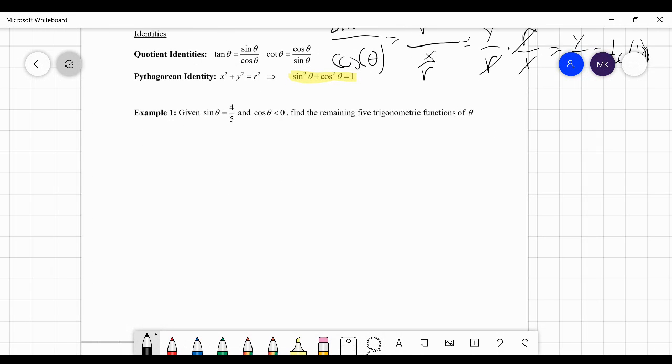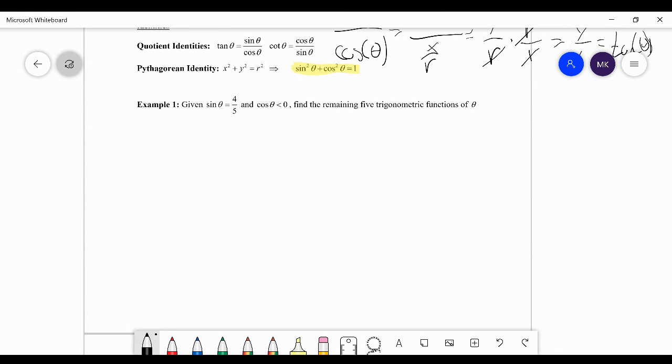So what's really cool is with this X and Y information, and thinking about these quadrants, we can actually do things like this. We can be given a sine value of some angle theta, and then knowing simply that cosine is either greater than 0 or less than 0, we can find all the remaining 5 trig functions.